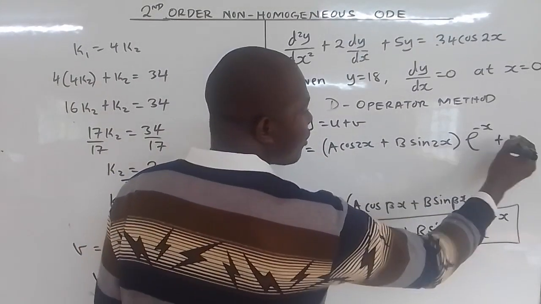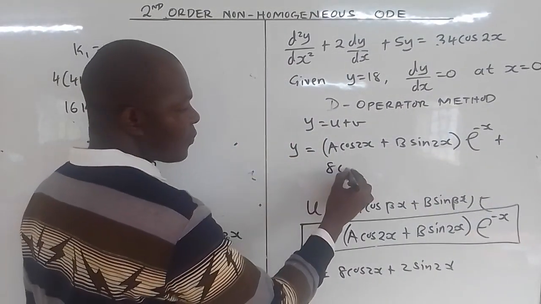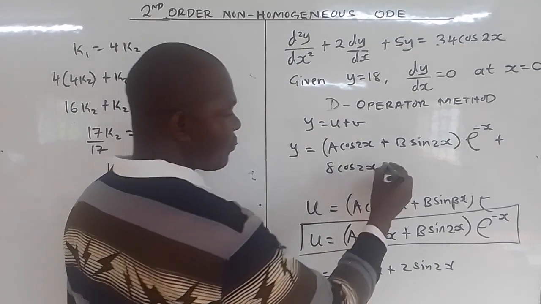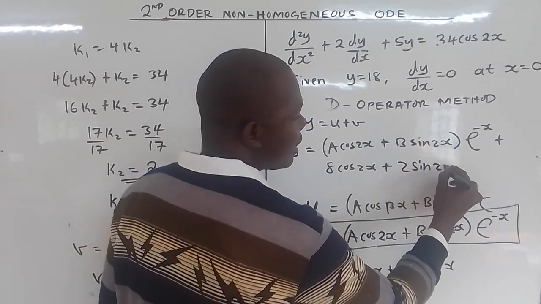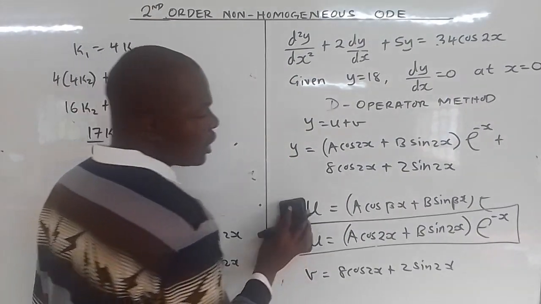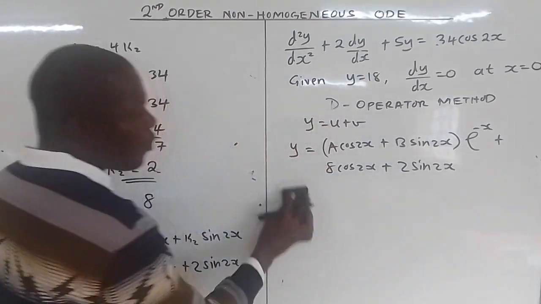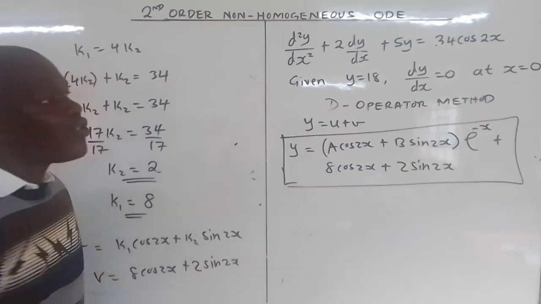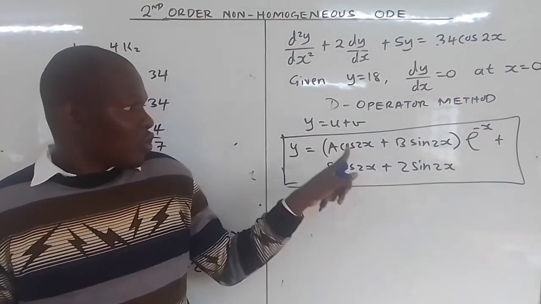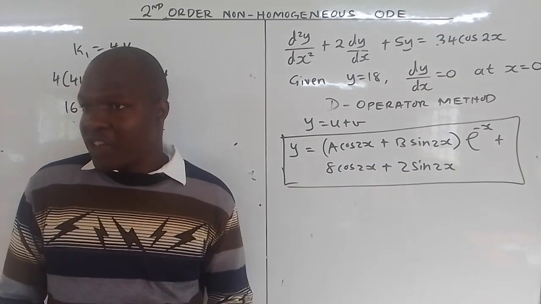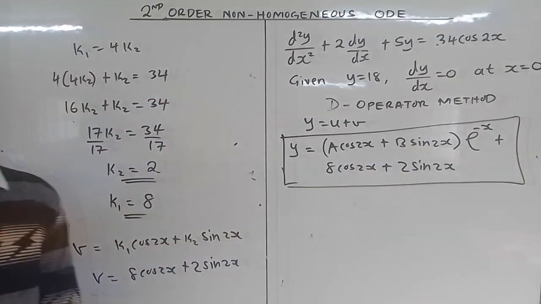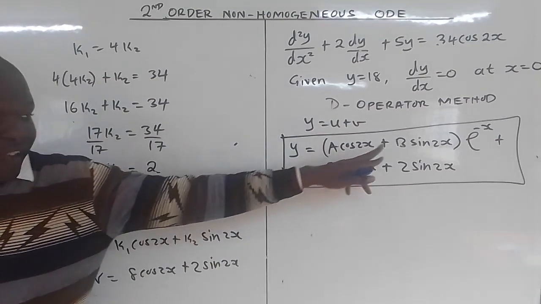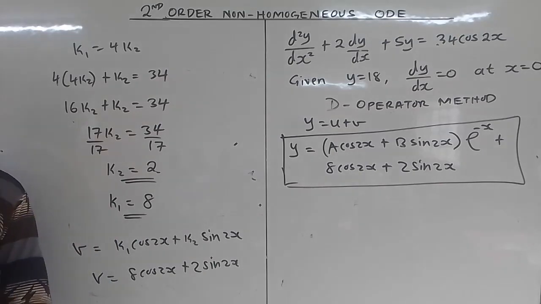Then it is plus V. What have you found V to be? 8 cos 2x plus 2 sine 2x. So you found y. After getting y, this is our final solution. So all we need is to put the boundary conditions to get the values of the constants A and B, isn't it? Are we together?